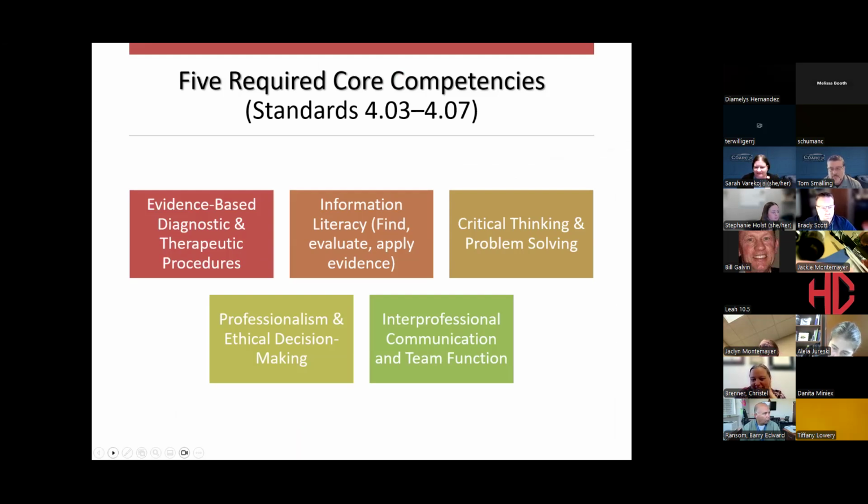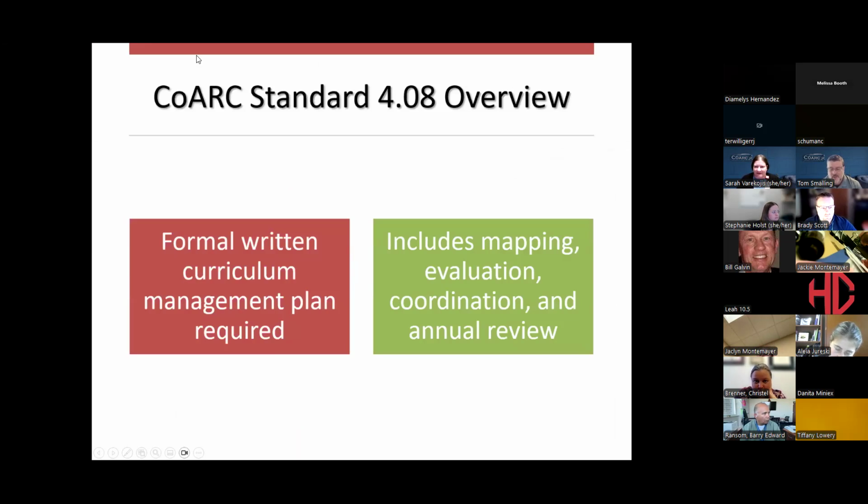Next slide. Again, we could probably spend a whole presentation just on the five core competencies. So what does 4.08 ask you to do? Well, again, major revision. This is a brand new standard, never in the previous standards. The programs must have a formal curriculum management plan. A management plan is an overall plan, just like in section 3 when we ask you for an evaluation plan.